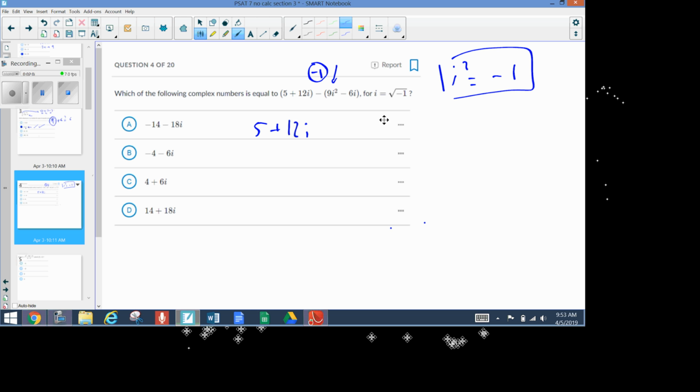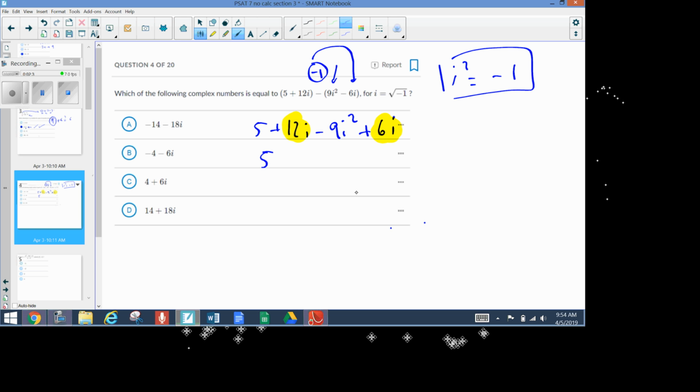Negative 1 times 9i squared, negative 9i squared. Negative 1 times negative 6i, positive 6i. After that, we're going to add like terms. So, let's do that.